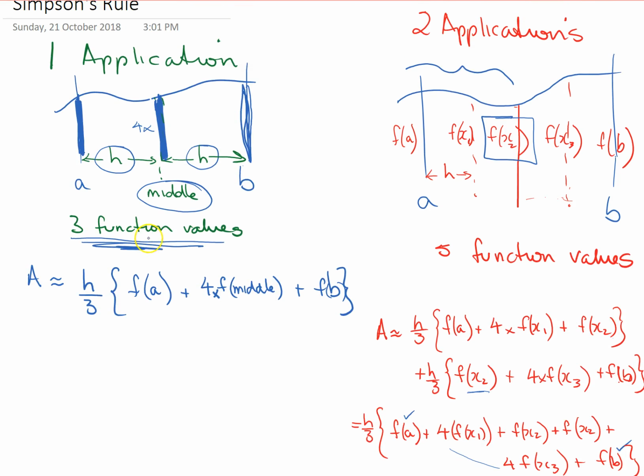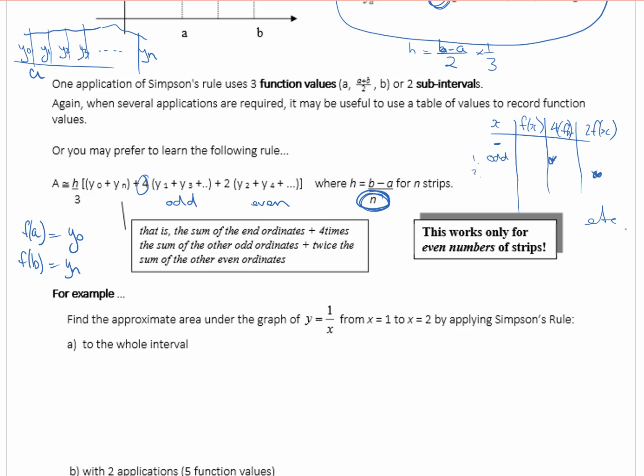One application, 3 function values, h is half the distance from B minus A. I suppose I should write that: h is half of that distance, do B minus A and then halve it, and the rule is all of h divided by 3, and that's the reason I went into that before about why a 6 turns up. So, yet again, another variation of how the rule is presented.